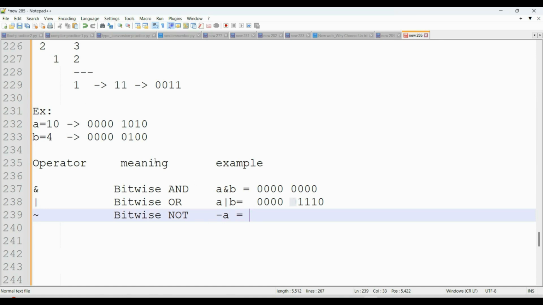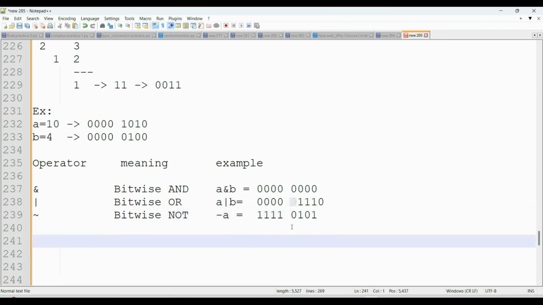Bitwise NOT means, for example, a value 10, the binary representation is 0 0 0 0 1 0 1 0. Each and every bit we need to complement, invert it. So 1 will become 0, 0 will become 1, like this.